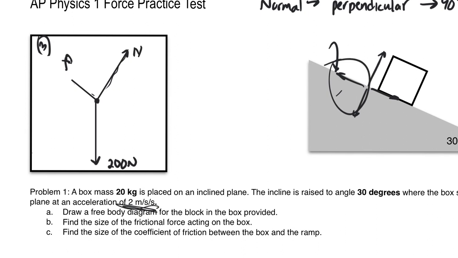She's already drawn in this force and listed it as a force and did mg cosine theta, and then drew a force this way and called it mg sine theta and did not draw that. That is going to be what we are going to end up with. But that would not be considered the free body diagram because it lists components. It doesn't list the actual forces. So this is the future of this question, for sure.